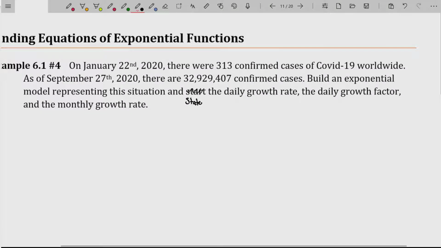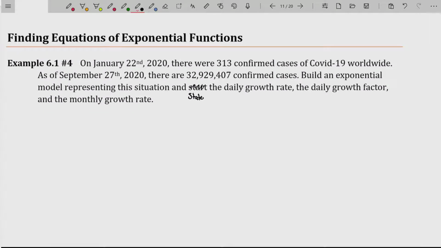So when somebody says build a model, you can at least say, well, our time zero number would be at time zero, which is January 22nd, there were 313 cases. And then sometime later, there were 32,929,407 cases.